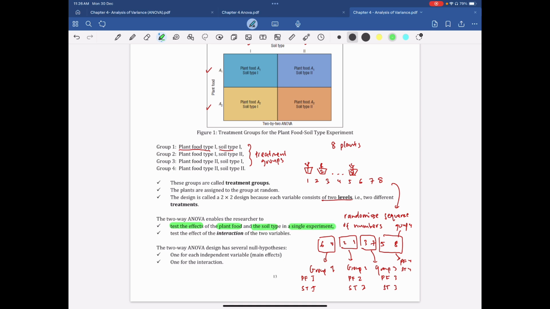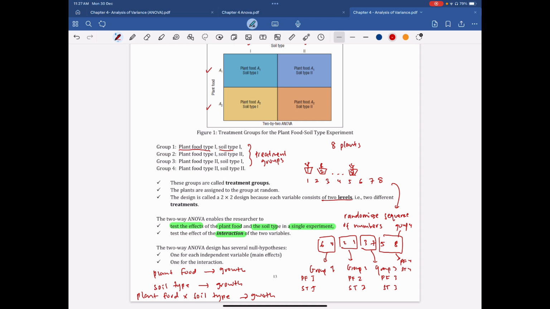It means you can look at whether plant food affects growth, whether soil type affects growth, and you can test the effect of interaction of plant food and soil type toward growth. This is what you can analyze by performing two-way ANOVA.